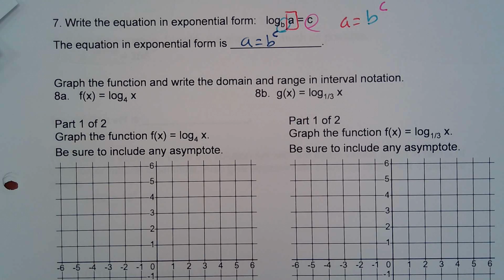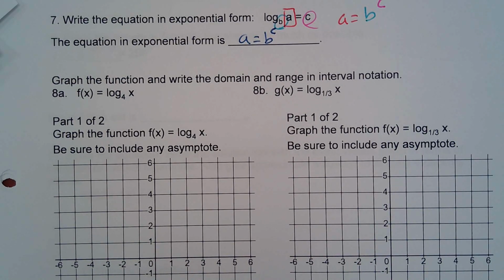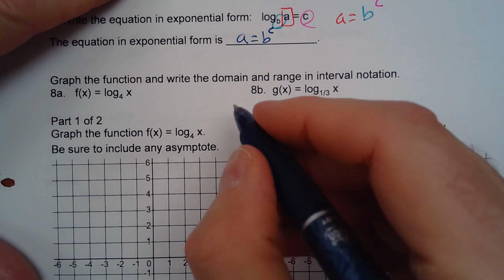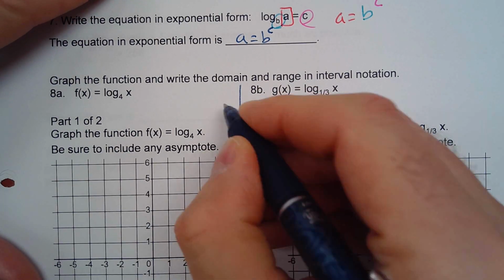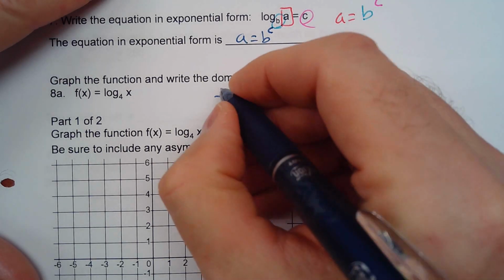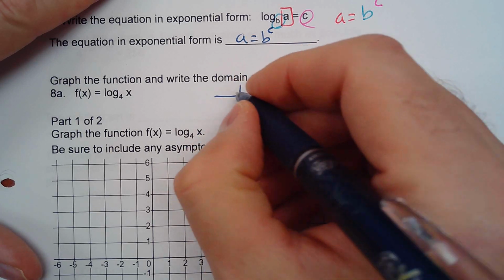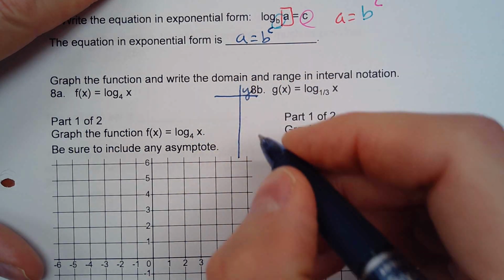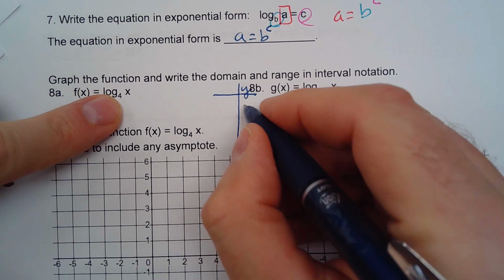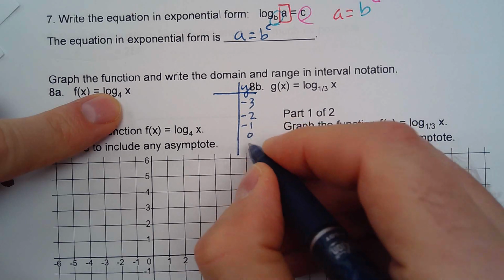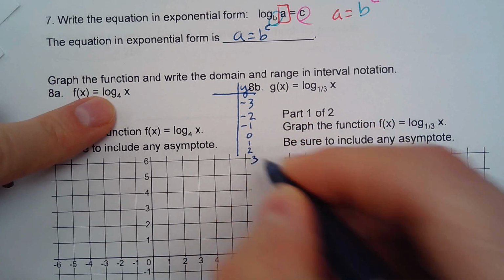All right, problem number 8. We're going to graph. And again, what I like to do is get the exponential function and then switch the x and y coordinates. So I'm going to be picking my y values here. So I want to pick -3, -2, -1, 0, 1, 2, and 3.